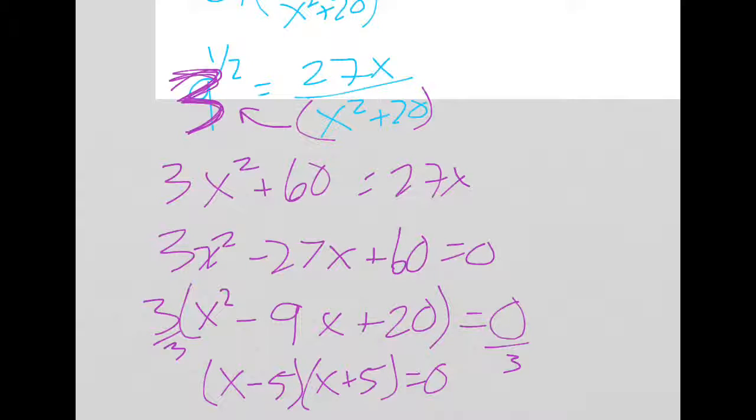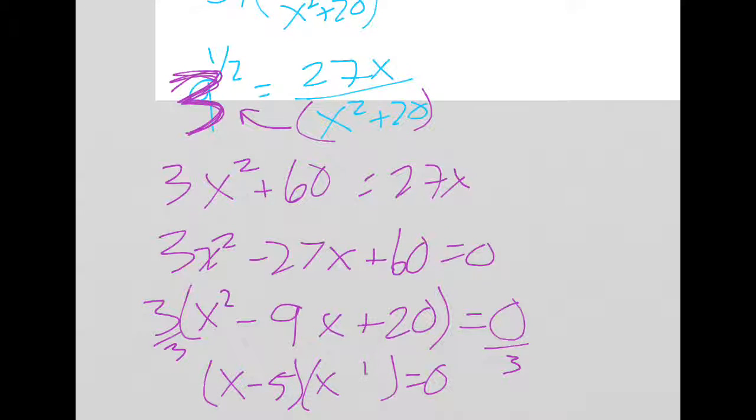I'm apparently a liar. It's now 10 and I'm starting to get tired. It's going to be x minus 5, x minus 4. I don't know why I said that. Boom, just like that. Because negative 5 times negative 4 is positive 20, and negative 5 minus 4 is negative 9. So that is how we factor that, and we get our two solutions, x equals 5 and x equals 4.